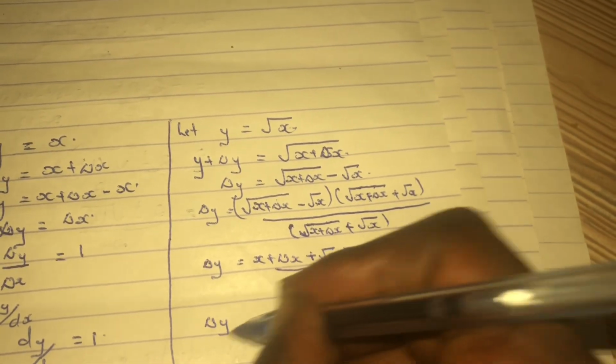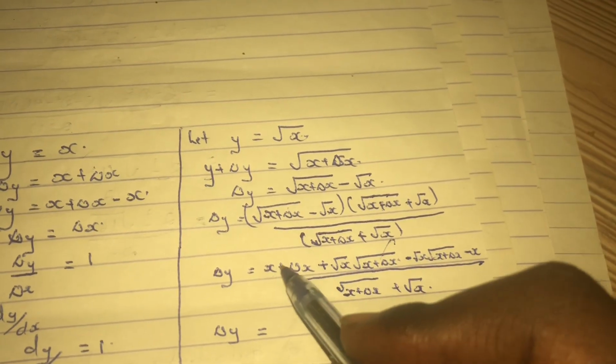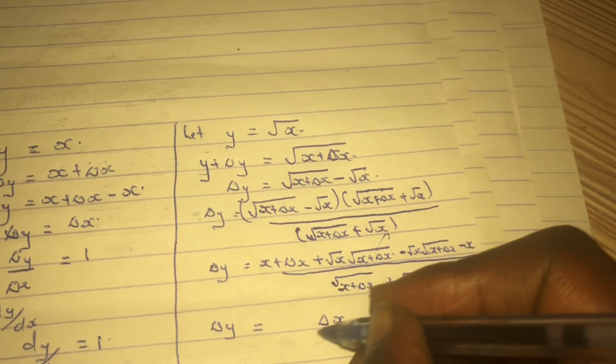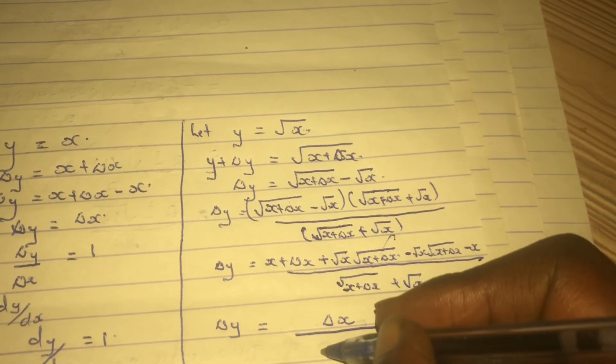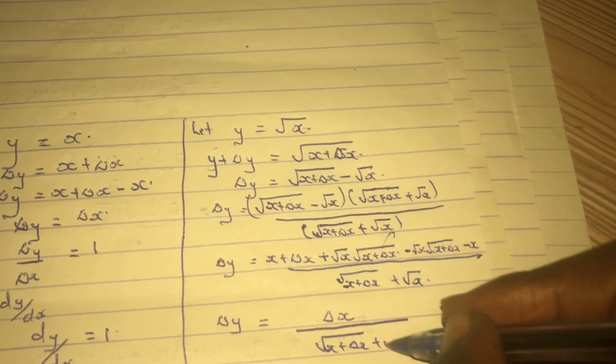So change in y will be equal to, this one will cancel, and this x and this x will cancel. We shall remain with change in x over root of x plus change in x plus root of x.